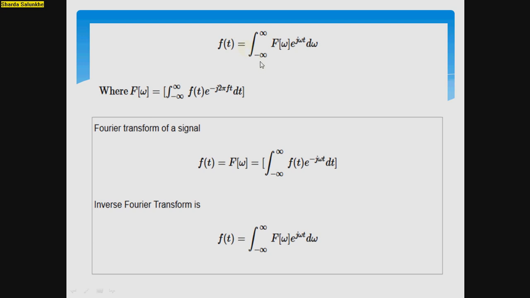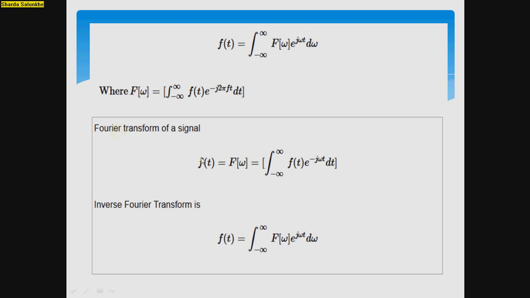That is, f of t is equal to the integration from minus infinity to infinity of F of omega into e raised to j omega t d omega, where F of omega is the integration from minus infinity to infinity of f of t into e raised to minus j 2 pi f t dt.